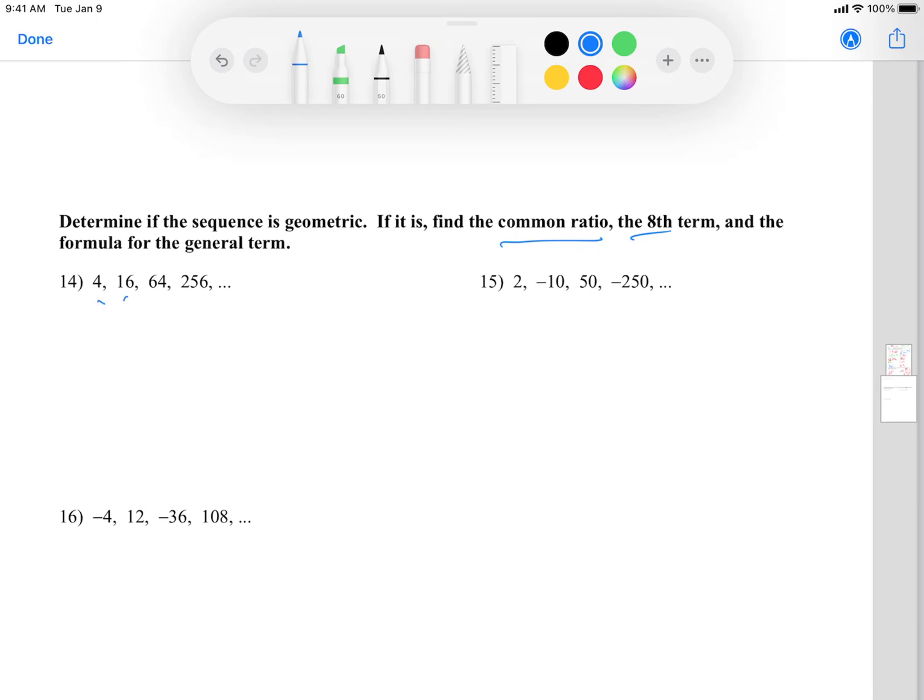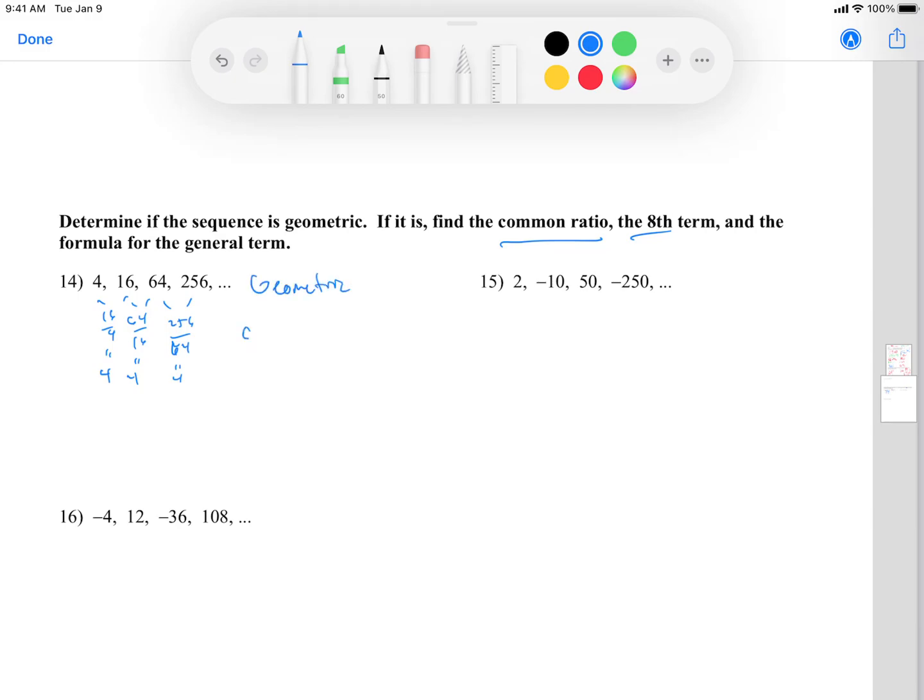Okay. Number 14. 16 divided by 4 is 4. It's my common ratio so far. 64 divided by 16 is 4. 256 divided by 64 is 4. So this thing is geometric.